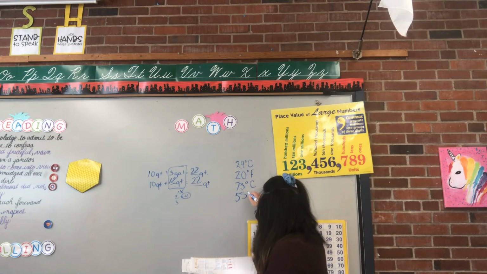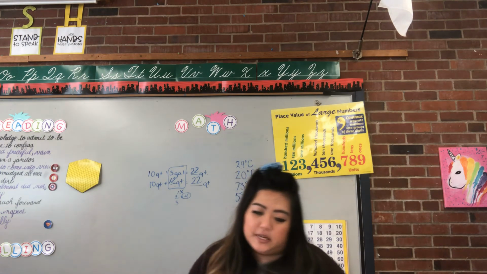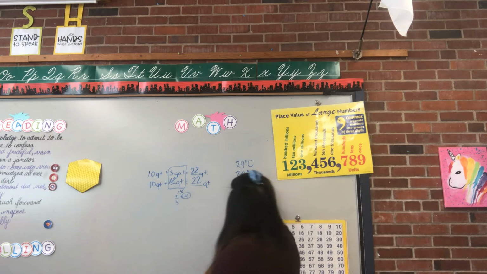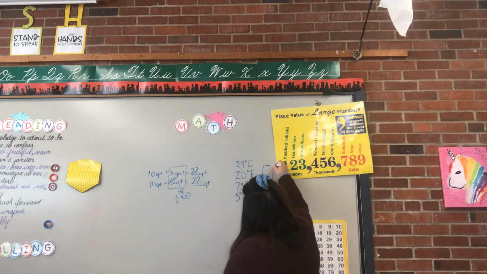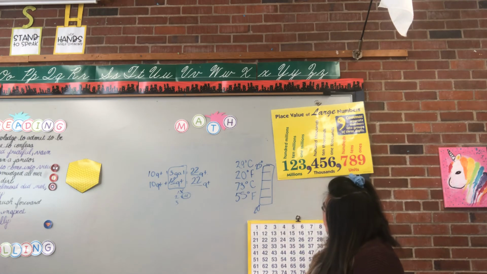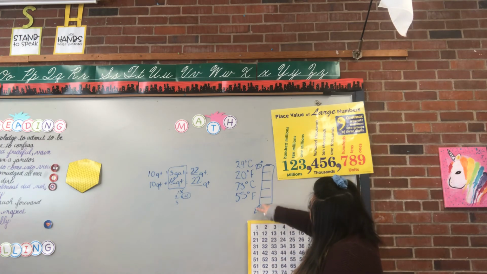Now, if you ever see this in a different way, they don't necessarily all have to go by twos. You can just see the range. If we had a thermometer and it had 20 here, and it had 25 up here, it would be going by what, do you know? It would be going by ones, yeah: 20, 21, 22, 23, 24, 25.